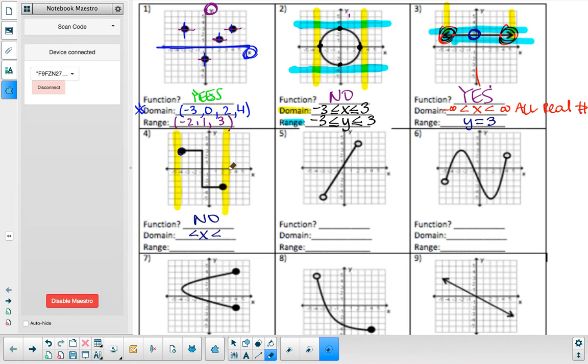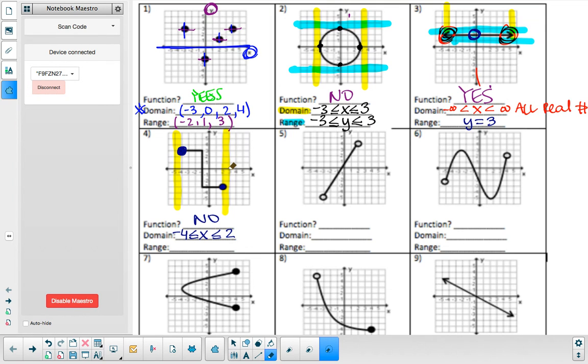And then my furthest most left x value is at -4. And since it's a closed circle, that means I put that line underneath it because it does actually include that point. And then on the right, my furthest x value is 2. And again, since it's a closed dot, I put that line underneath it.